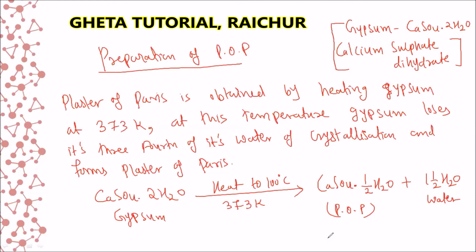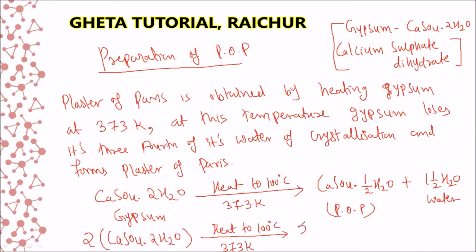So what we will do here is multiply the whole equation by 2. Here I will use a bracket: 2(CaSO4·2H2O). Heating at the same temperature, 100 degrees Celsius or 373 Kelvin.